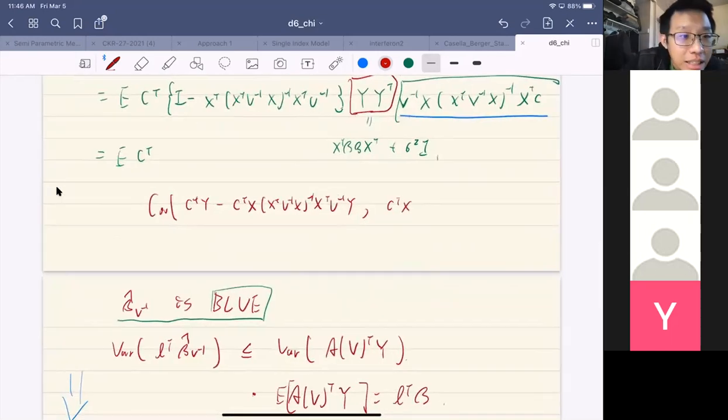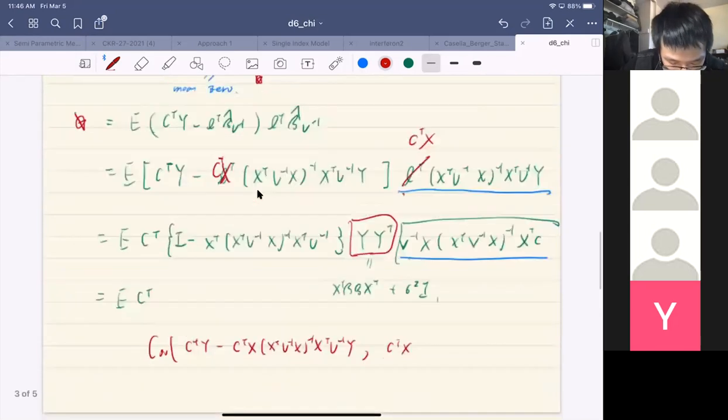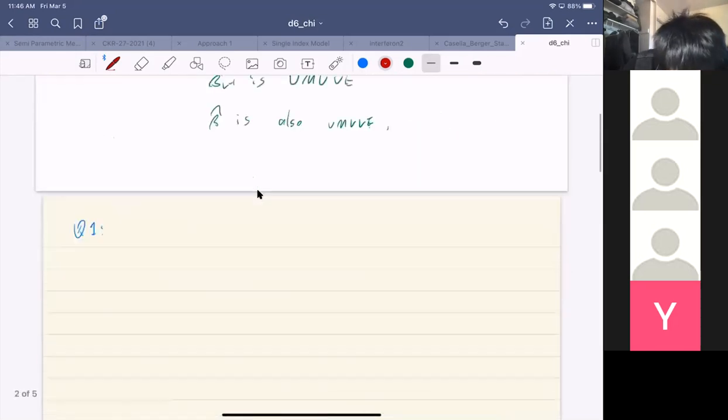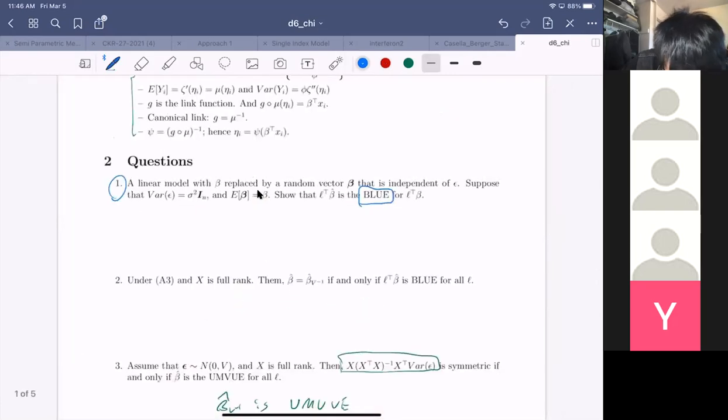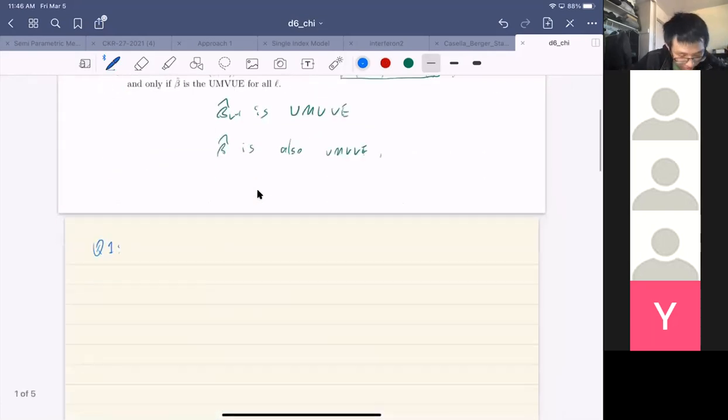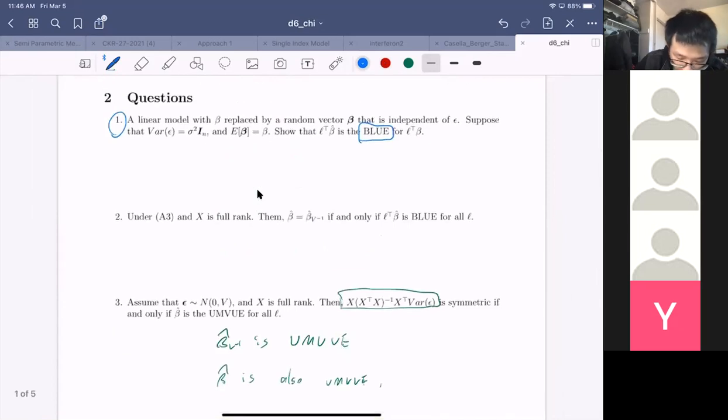Sorry, I had to prepare more. Okay. About question one, we want to show this is BLUE.